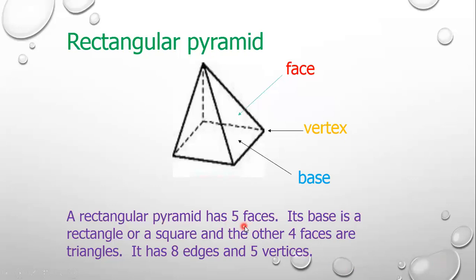It has 5 faces because there is the face down for the base. Then there are these other 4 faces, which makes 5 faces. The base is a rectangle or a square, and the 4 faces are triangles. It has 8 edges, as if you count the edges, you realize there are 8, and the vertices are 5: 1, 2, 3, 4, 5, as you can see.